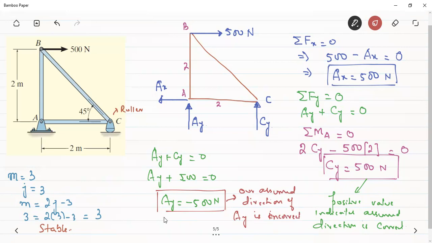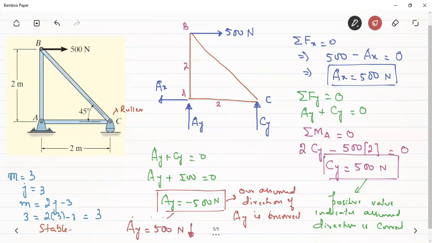It also gives us the indication that Ay should be in the vertically downward direction. Okay, this is the correct direction. Therefore, instead of this, we can also write that Ay is actually 500 newtons, but in the vertically downward direction.